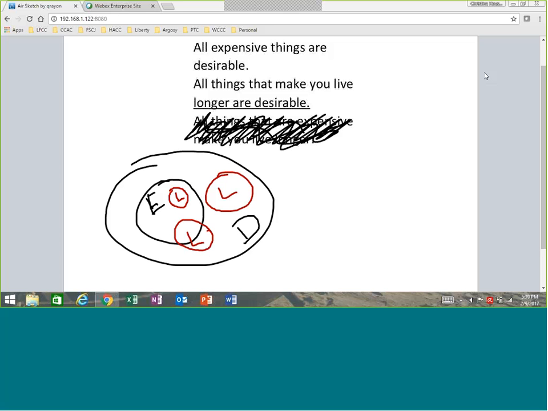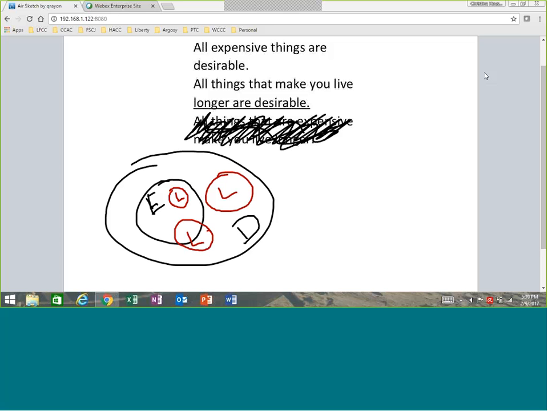Put all the possibilities in there before you look at the conclusion, all the possible ways we could draw that all things that make you live longer are desirable. And those are all the different ways that we could draw the live longer circle. Okay, so these are all the possibilities.